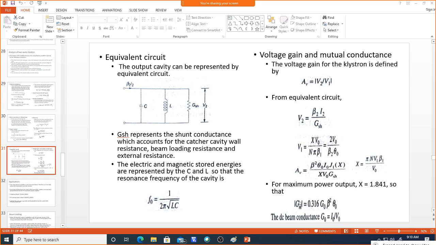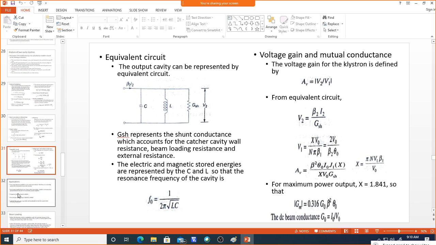And GM is the mutual conductance, which is given by this equation with respect to the beam coupling coefficient and the DC beam conductance. That DC beam conductance we can define as I naught by V naught. So this is the calculation for the mutual conductance.